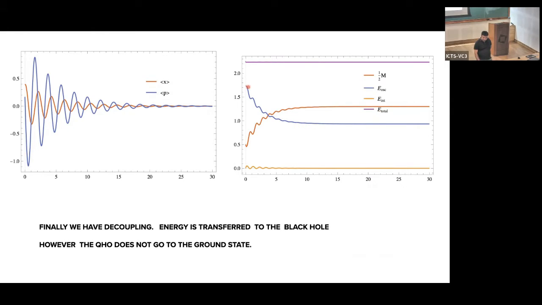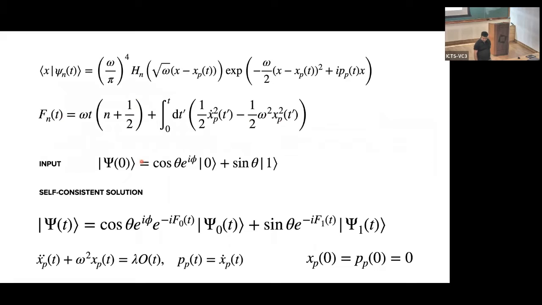In fact, the amount of energy, because the energy sucking itself is like a measurement, measures something of the initial state, as you will see, and then the interaction energy goes to 0. The important reason why this happens is that the expectation values of x and p both go to 0, and they ring down, and there's a decoupling. The quantum harmonic oscillator decouples from the JT gravity.